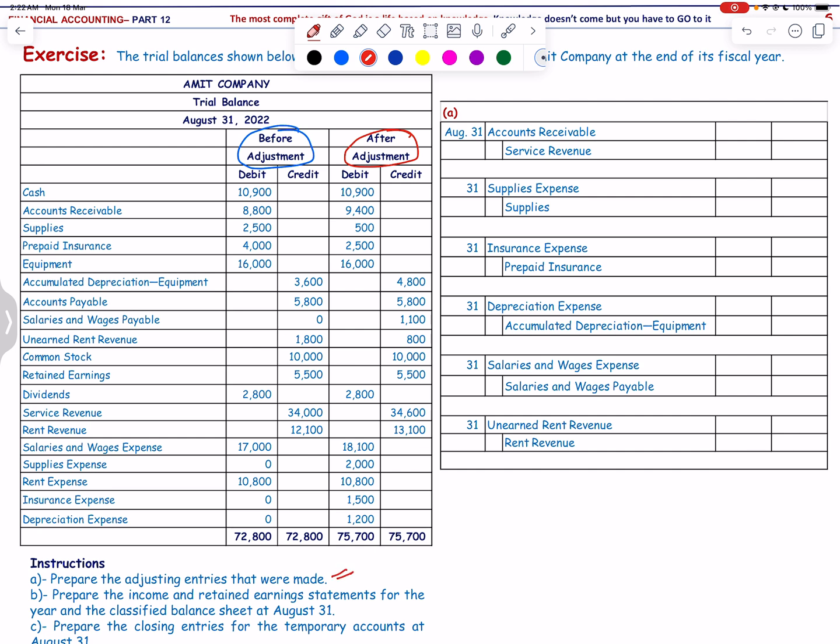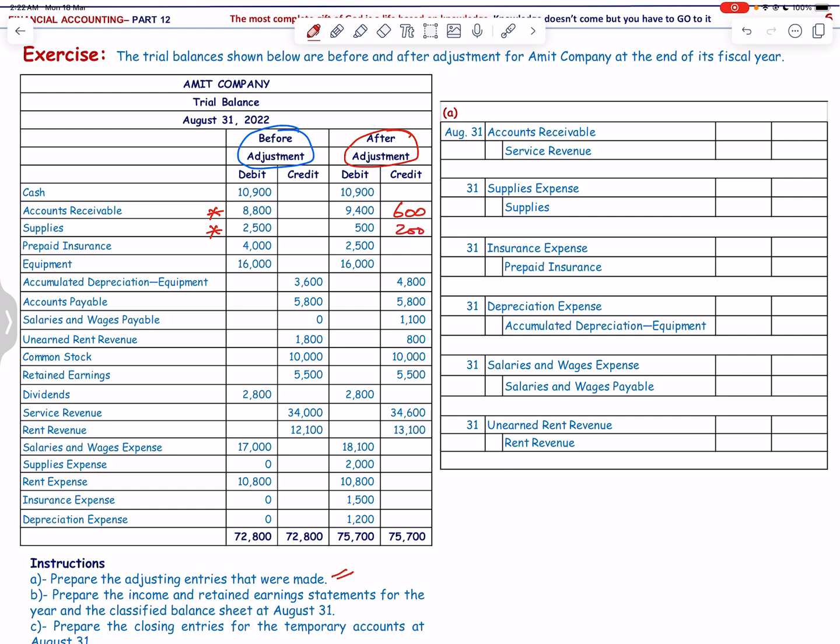Now you can see that accounts receivable has increased from 8,800 to 9,400, so there is an increase of 600. So this has to be adjusted. Then we can see supplies have decreased by 2,000, so this has to be credited. We will record it in a while. We can look at the prepaid insurance.